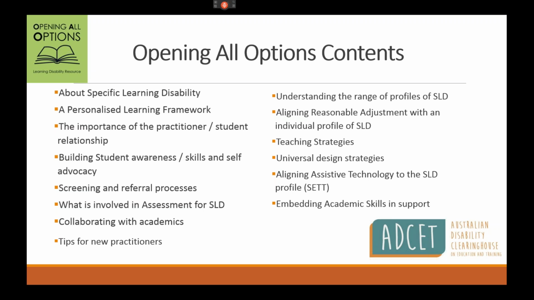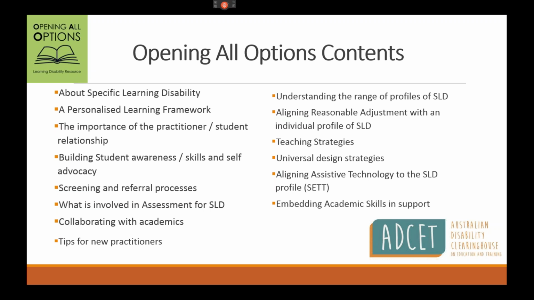There's also tips for new practitioners, and that's come through Jo and my research. We spoke directly with practitioners who are experiencing success in the approach they have with SLD. So quite a lot of tips for new practitioners that I think will be really valuable. The range of profiles, aligning our adjustments and teaching strategies.